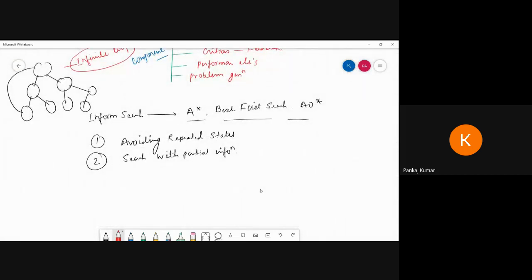As you know, we can go for the application part of DFS and BFS, which is important. For DFS, finding out whether there is a cycle in a graph is one application. The second one is strongly connected components.